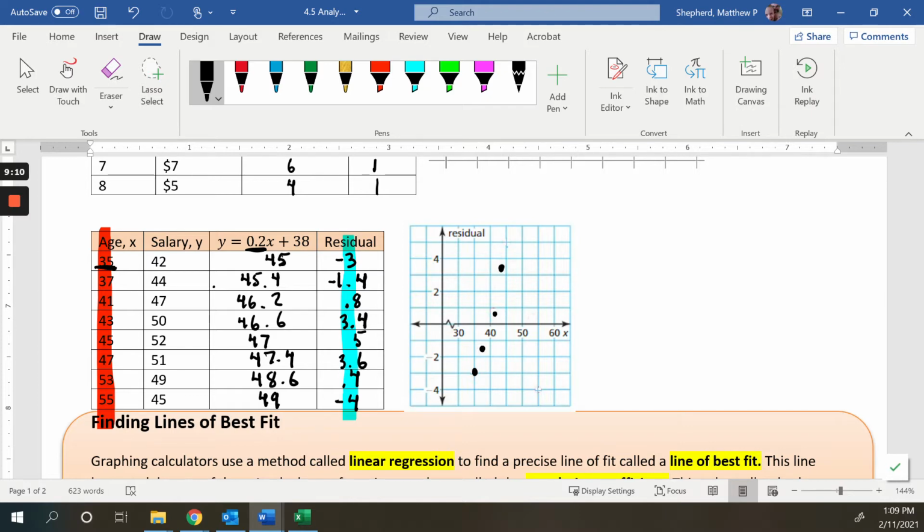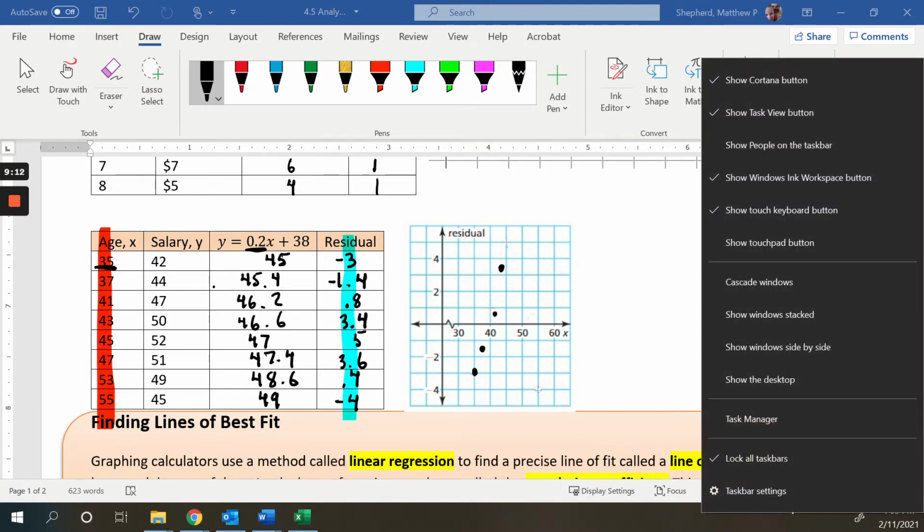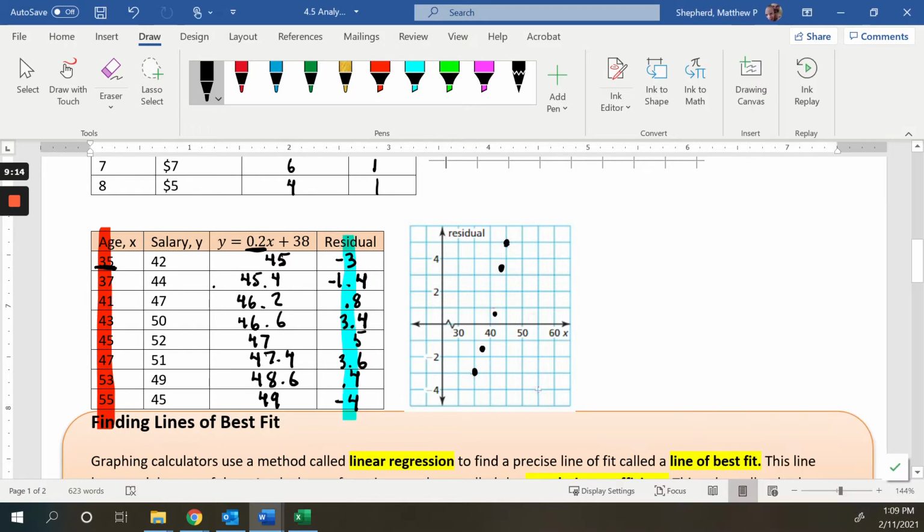Okay, 45 would be at 5. 47 at 3.6. 53 at 0.4. And 55 at -4.